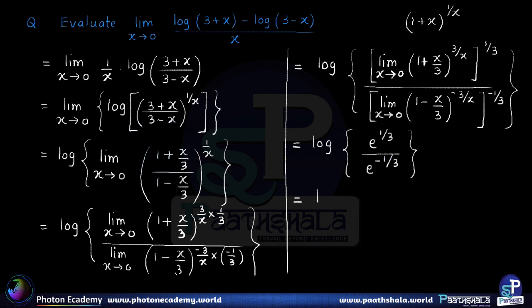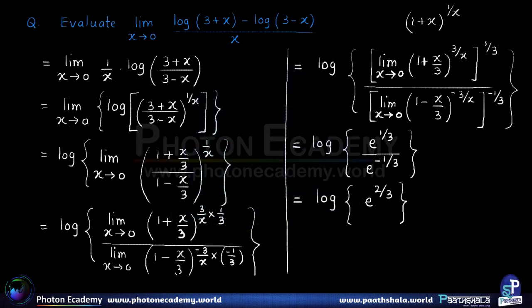So that is nothing but 1 by 3 and minus 1 by 3 will get subtracted. So 1 by 3 plus 1 by 3 is 2 by 3. And we know the exponentiation and logarithmic operations will nullify each other, giving us the final answer as 2 by 3. So that is the required limit.